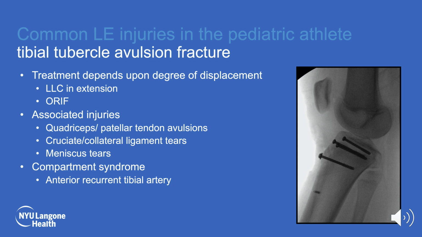And then also, you never want to miss, this is an example of a kid actually who, I'll say a couple things about this kid. We put the bone back perfectly, but there was nothing attached to it, and that's why you see the suture anchor, because he'd also avulsed the patellar ligament right off the bone anteriorly. And so if we had just fixed the bone, we would not have restored the extensor mechanism, as well as fixing the fracture intra-articularly.